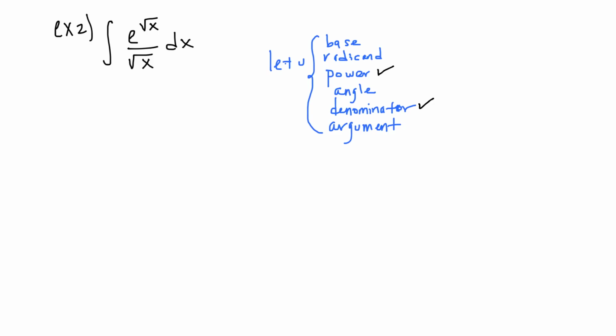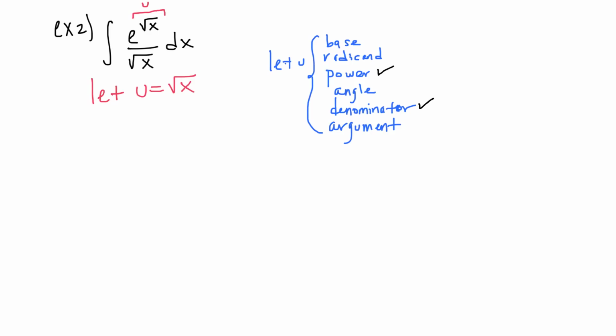Am I going to let u be the square root of x, which is the denominator, or am I going to let u be the square root of x, which is the power? Okay? And what you should do in this instance is you should let u be the power, square root of x. So this here will become u, like there.